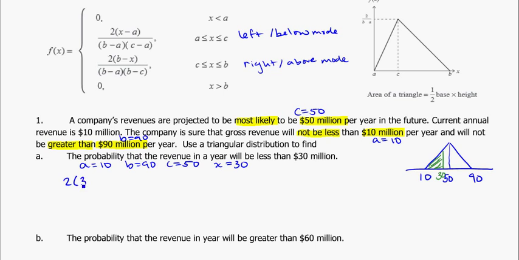So I'm going to have 30 minus 10, because that is X minus A, all divided by B minus A, which is 90 minus 10. And C minus A is going to be 50 minus 10.